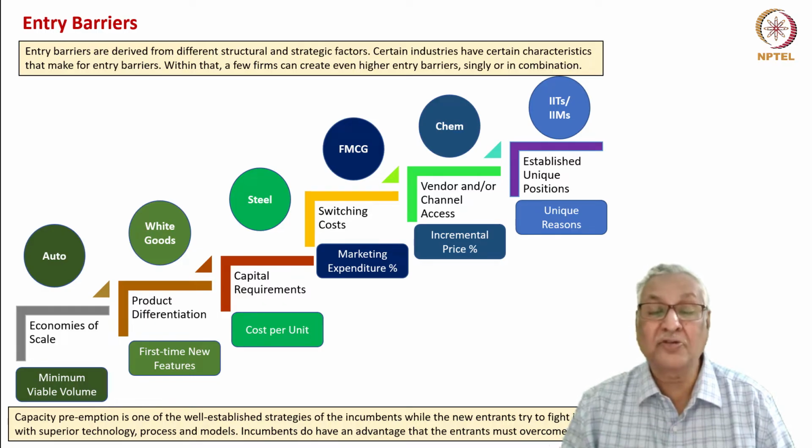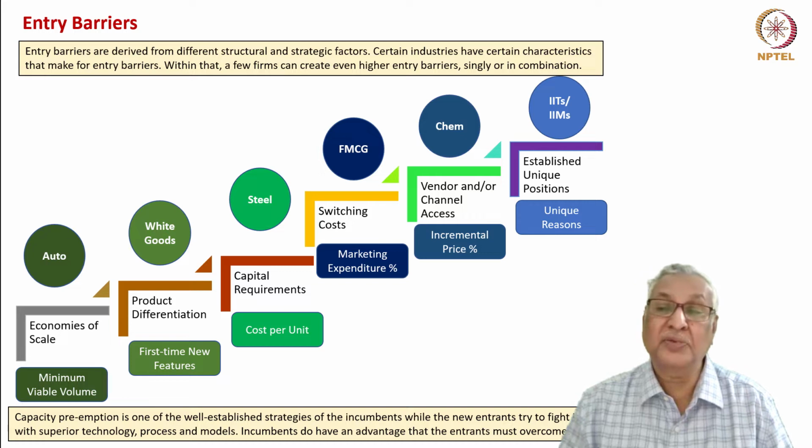Similarly, the capital requirement in respect of 1 metric ton of cement is important in respect of the cement industry. Therefore, there are certain industries where cost per unit acts as the entry barrier. In the case of fast moving consumer goods industry, the switching costs or the marketing expenditure per product line acts as the entry barrier.